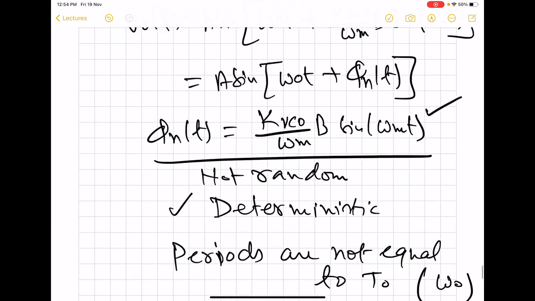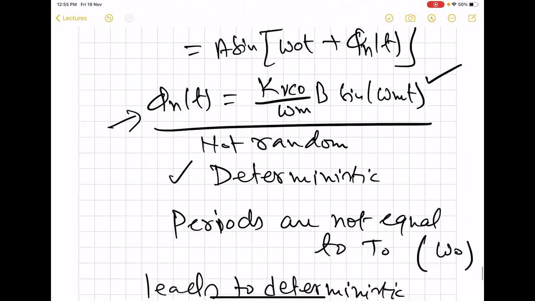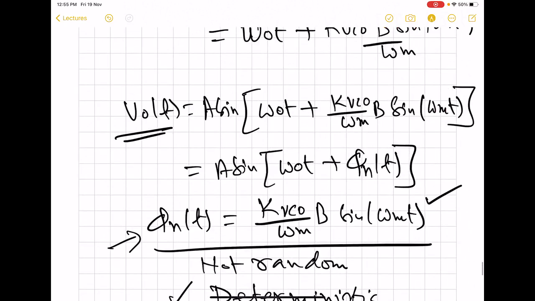While for phase noise, this should be random. Now, if we see the spectrum of this signal, what are we going to get?